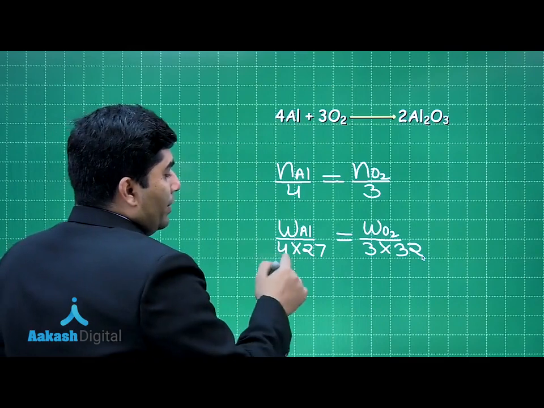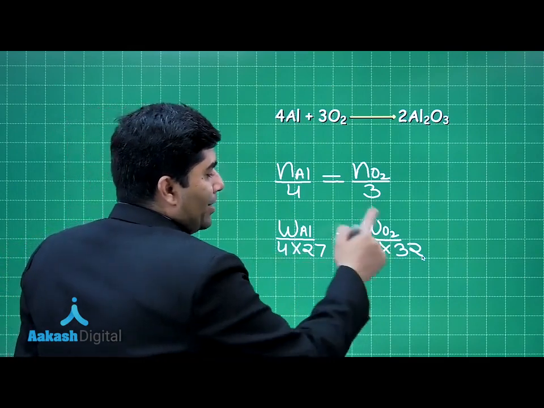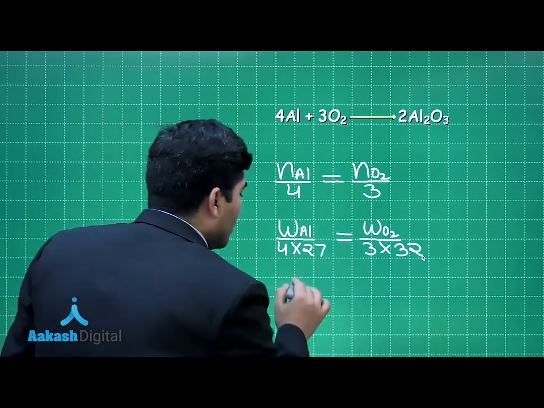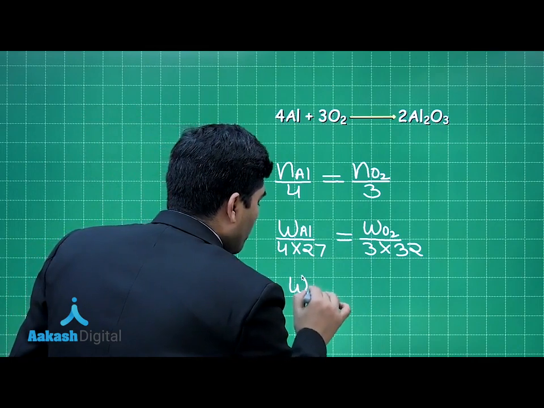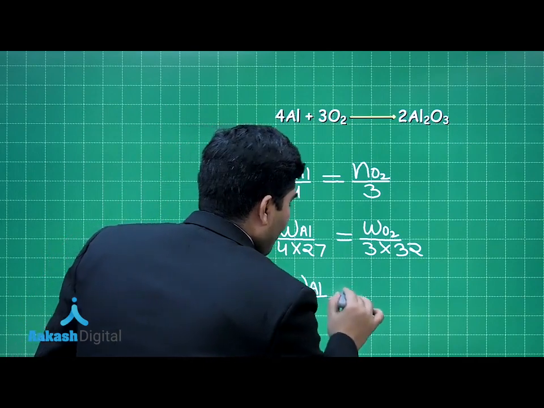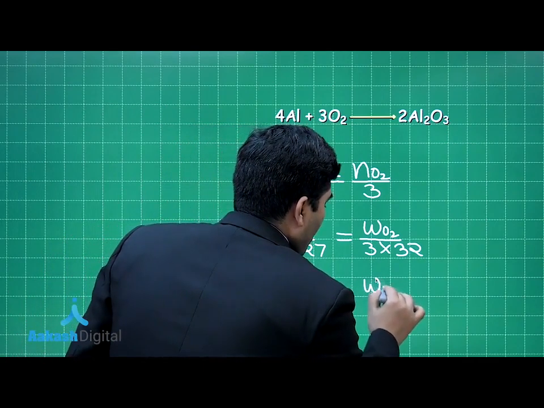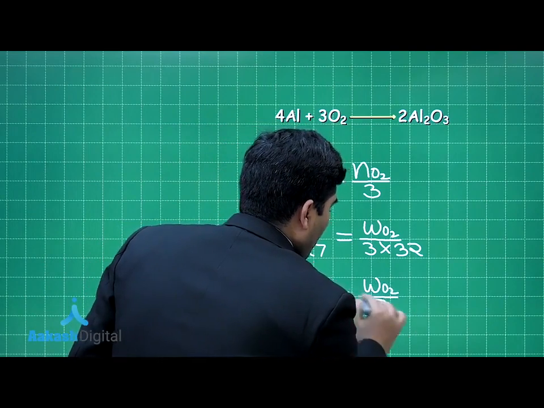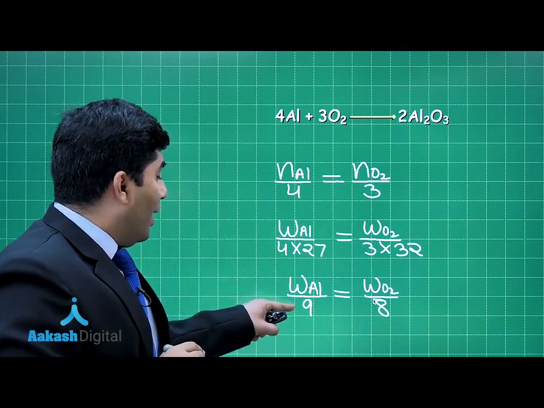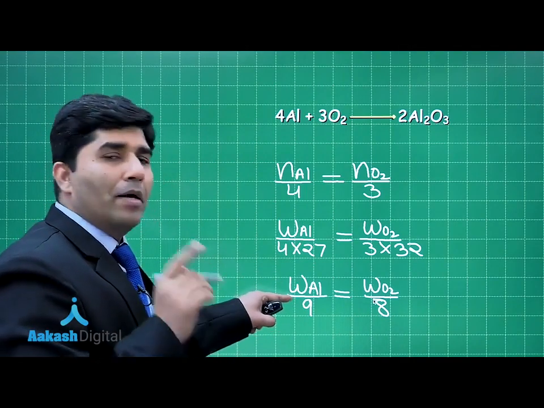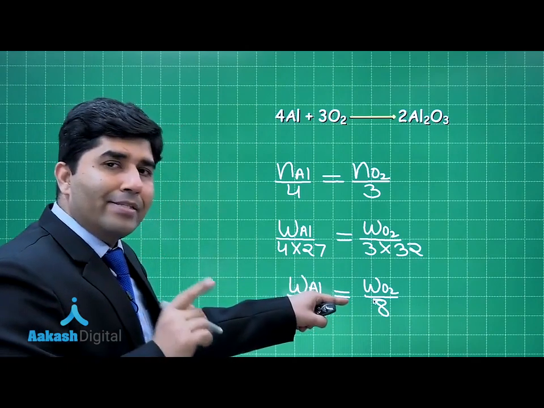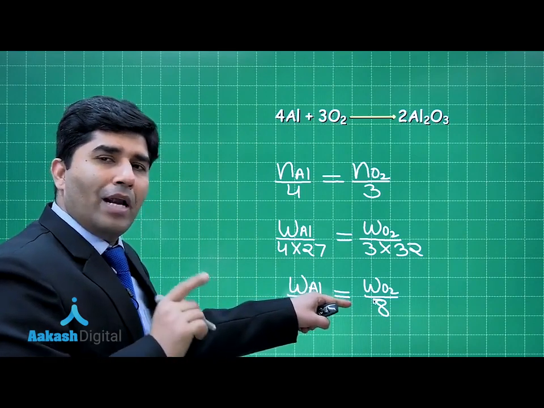After solving this equation, we get the weight of aluminium divided by its equivalent weight, that is the number of gram equivalents of aluminium, and the given weight of oxygen divided by 8, its equivalent weight, that is the number of gram equivalents of oxygen.